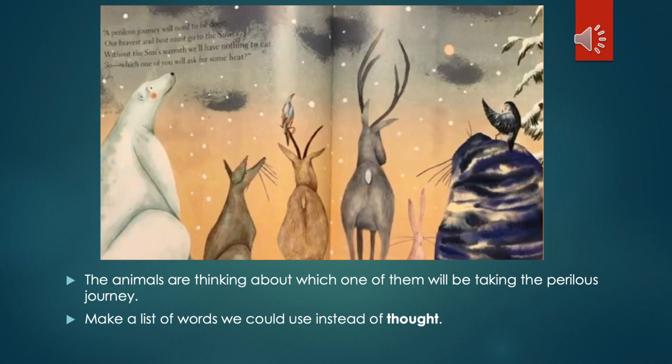So they need some more food, don't they? And they want to ask for some more heat to grow the food and to get warm. So what other words could you use instead of thought? So have a think. Have a chat with your adult, and if you're not very sure on this one, if you skip on to the next slide, I've got some ideas on there.